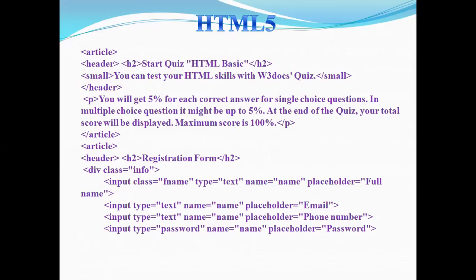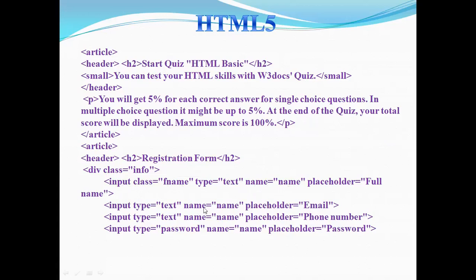Input tag you have to use for the text box. Okay, this is the class name, represented as name. Whenever you want to call the information you type in text boxes, you have to call it with the name only. Whatever name you have given for this input text box, the name is name.